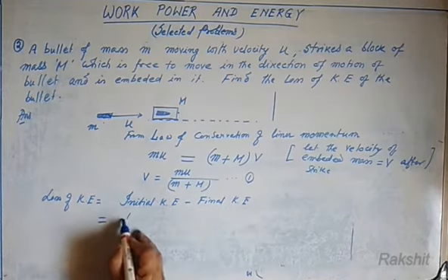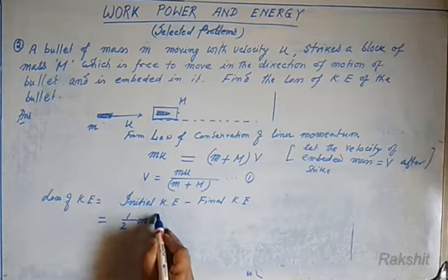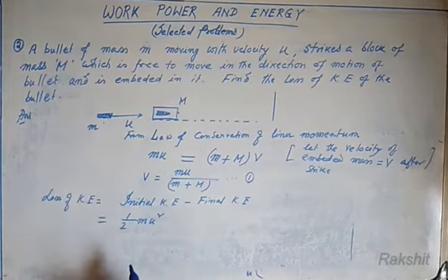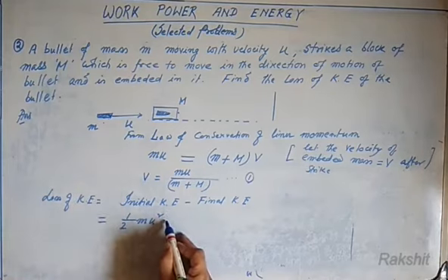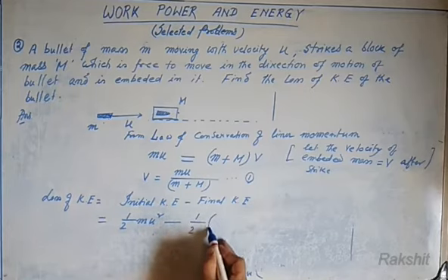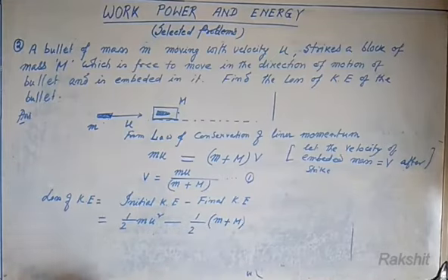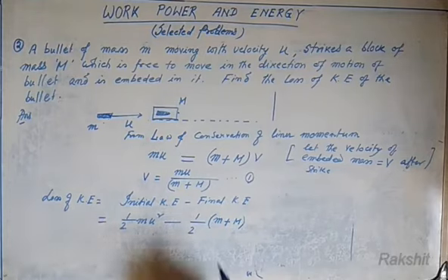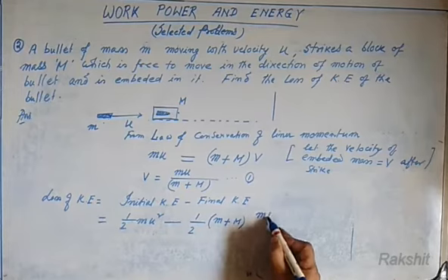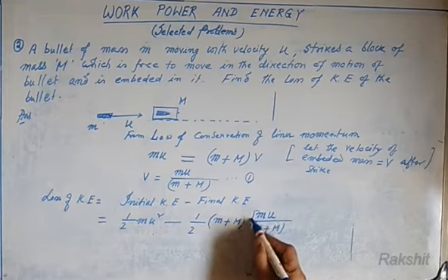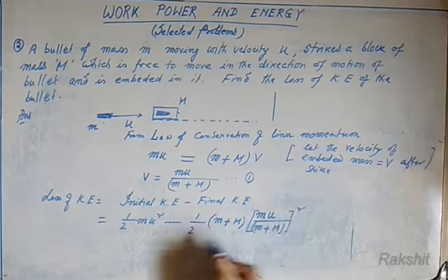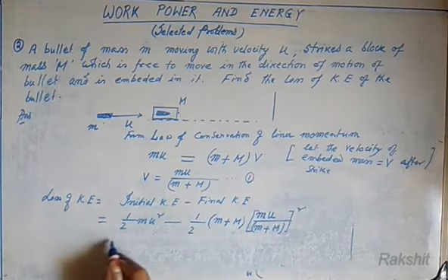The kinetic energy of the block was 0 before striking, so the initial kinetic energy is only that of the bullet, and the final kinetic energy is that of the embedded body, half of (m plus M) times the velocity mu divided by m plus capital M, squared.